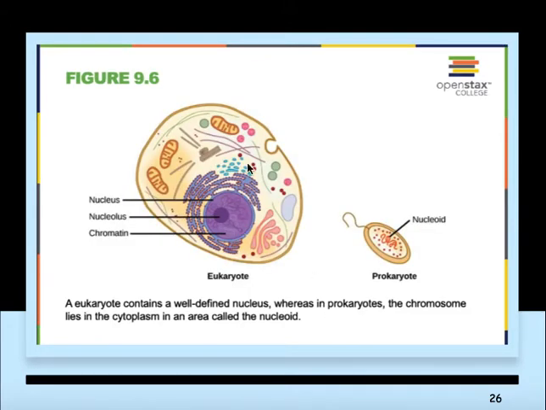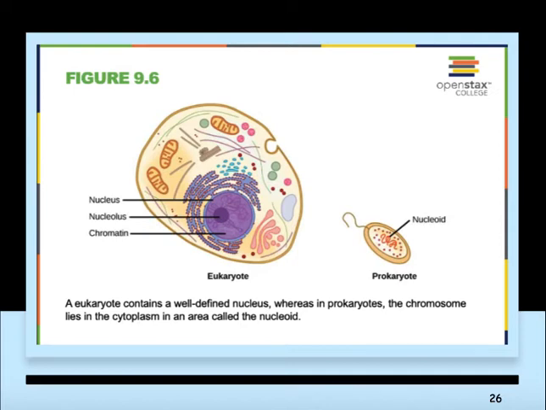I want to show you in this model that the nucleus contains your DNA, and your DNA contains all the information that you need to manufacture every type of protein produced by any cell in your body, no matter what it is specifically.